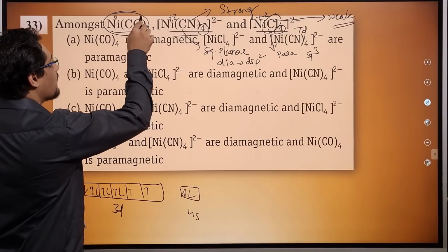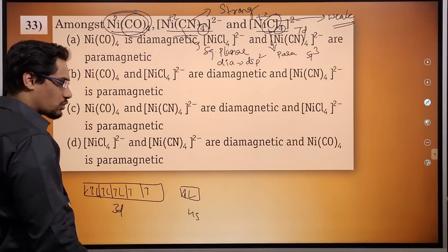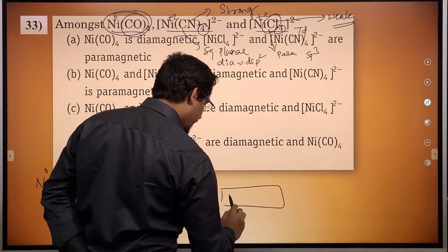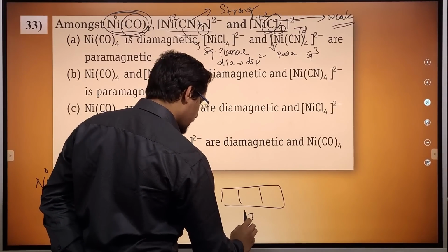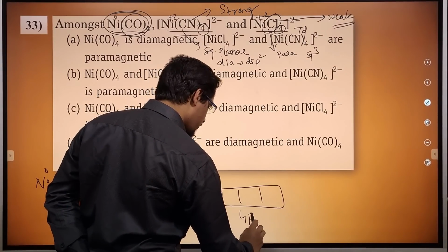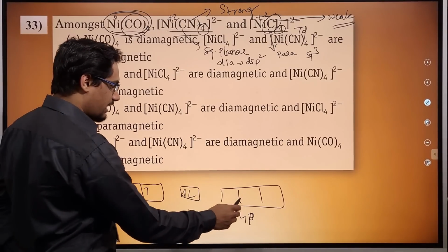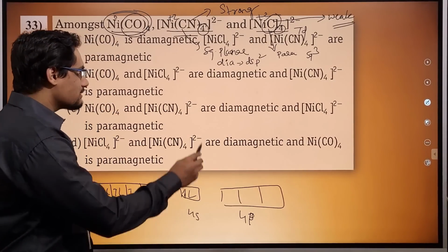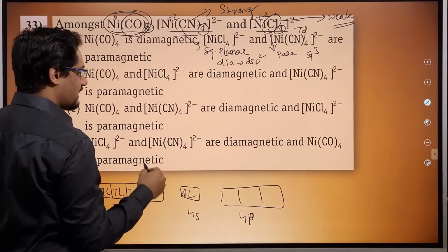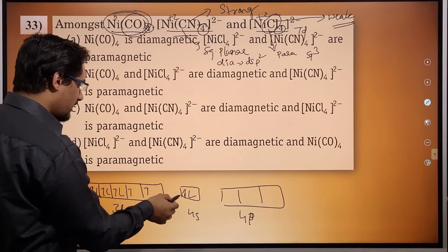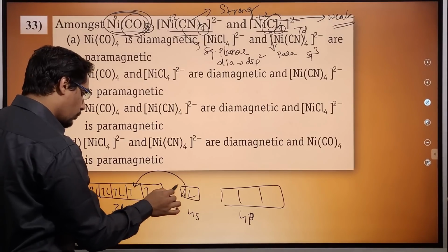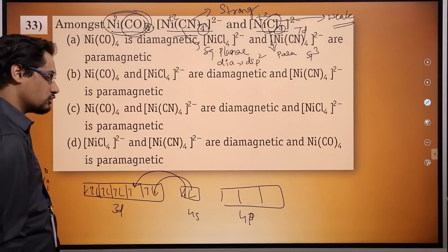As the carbonyl ligand is strong field, the 4 ligands make nickel pair electrons against Hund's rule.